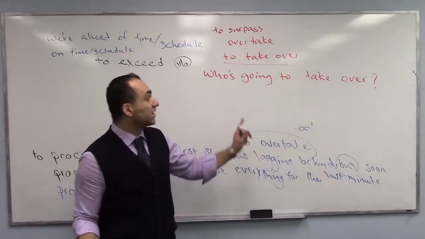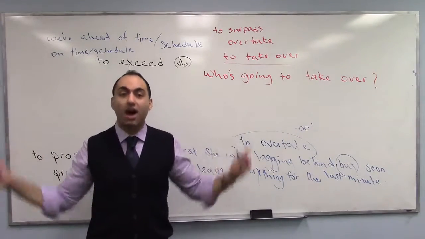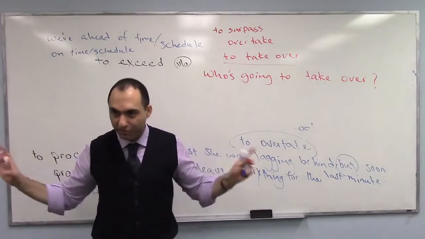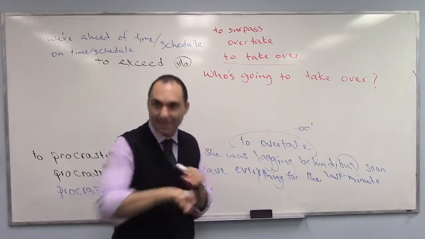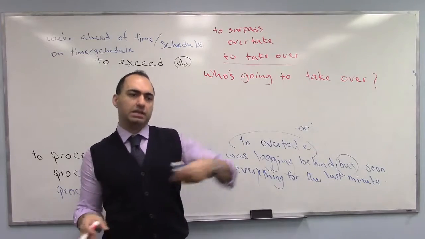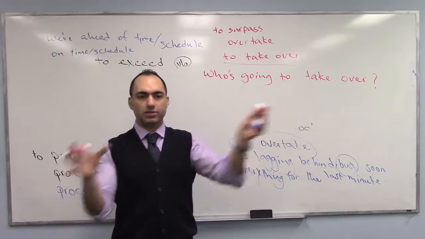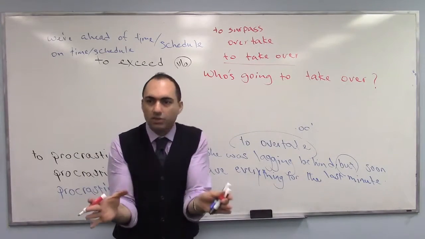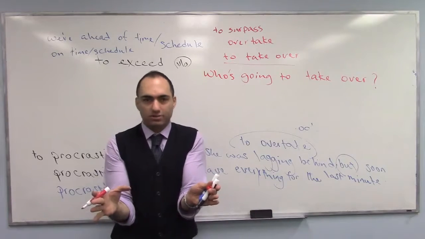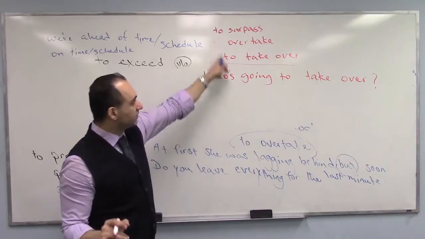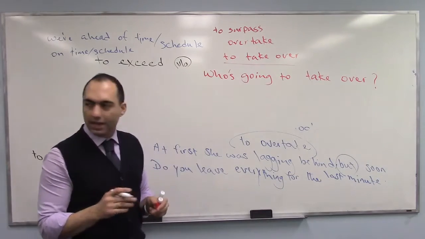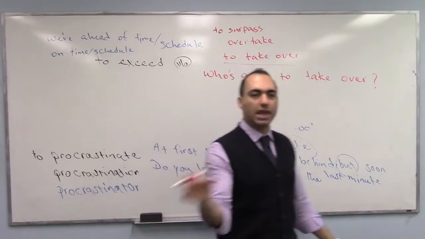So, to overtake and to take over are not the same. They're different. You overtake another car in the highway, you pass that vehicle, but somebody leaves a position, there's a vacancy. Who takes over? Who's going to take charge? Take charge to take over. So I want you to just have this in mind. Okay? And people usually confuse take over and overtake.